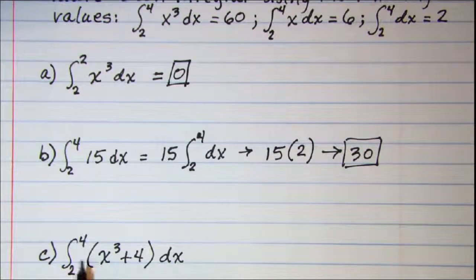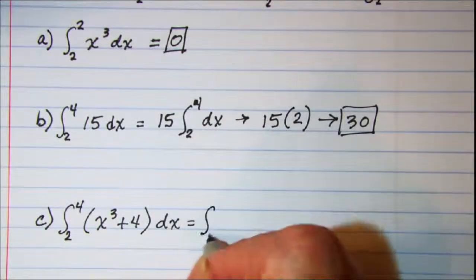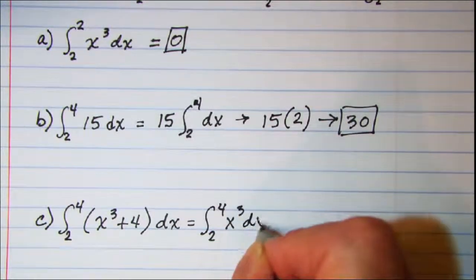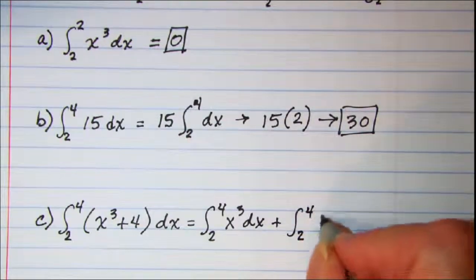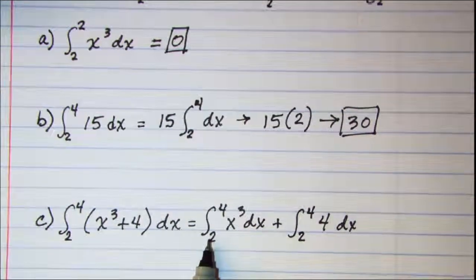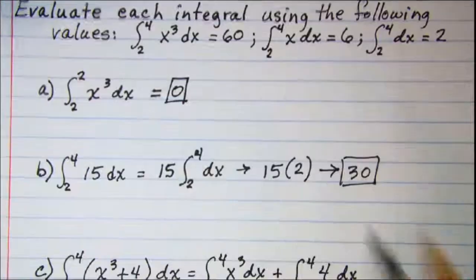And then on this one, we're asked to evaluate the integral from 2 to 4 of x cubed plus 4. We can separate this into two separate integrals. So this is the integral from 2 to 4 of x cubed dx plus the integral from 2 to 4 of 4 dx. We're given that the integral from 2 to 4 of x cubed is 60.